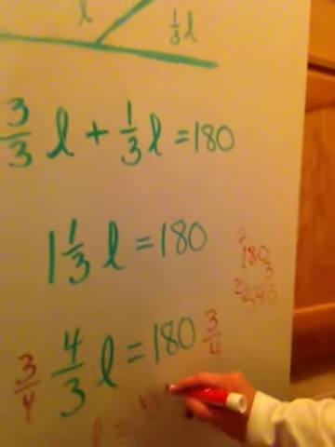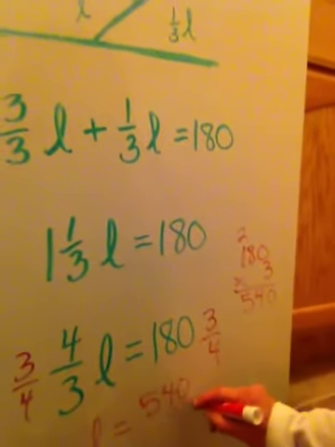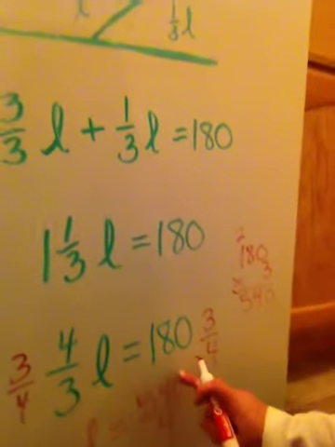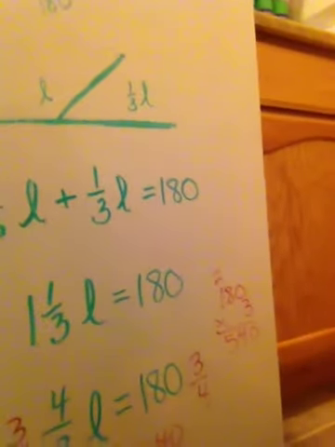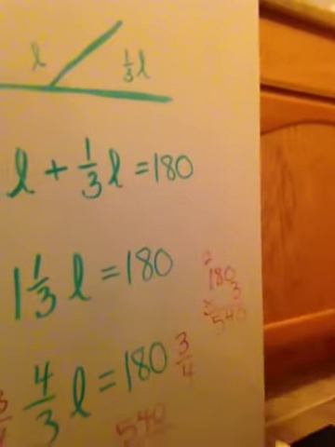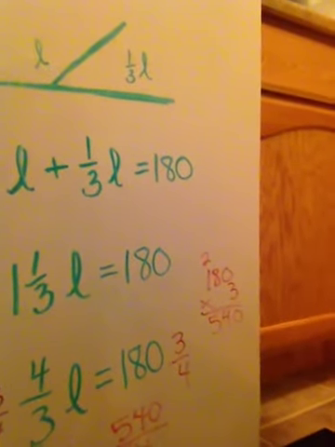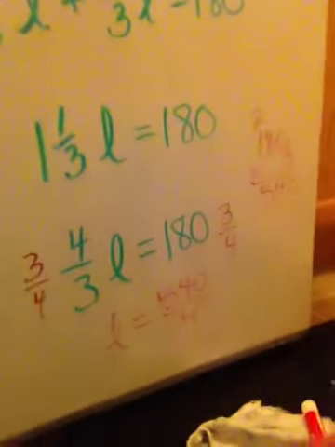So I get 540 over 4. And then you can divide that out. Definitely reduce it. Again, I'm not going to go that far with you because I think you can handle it.